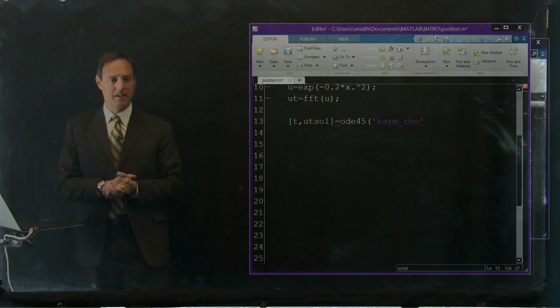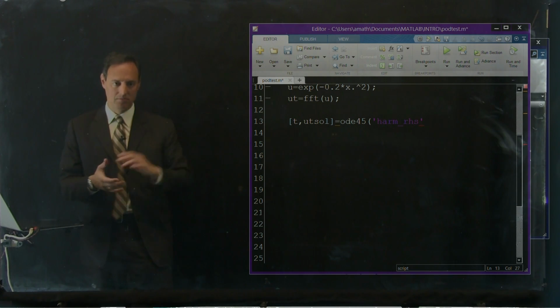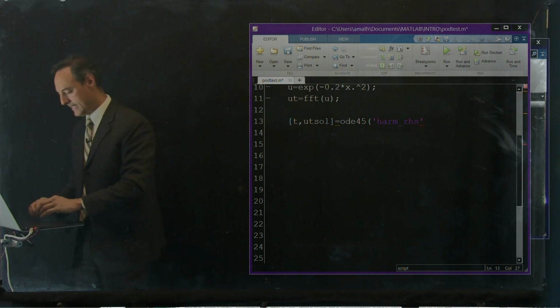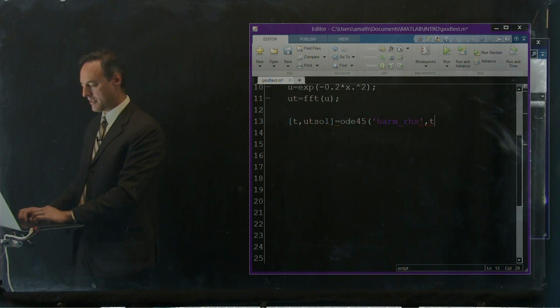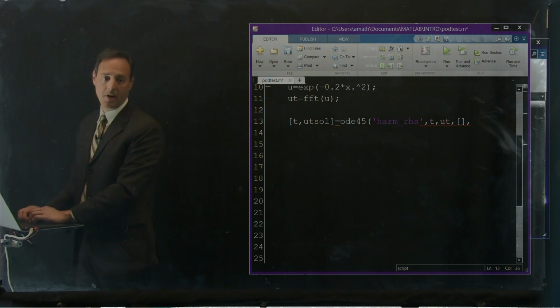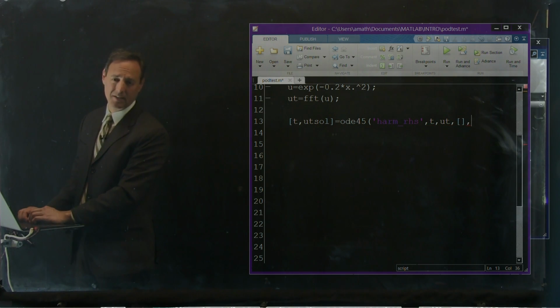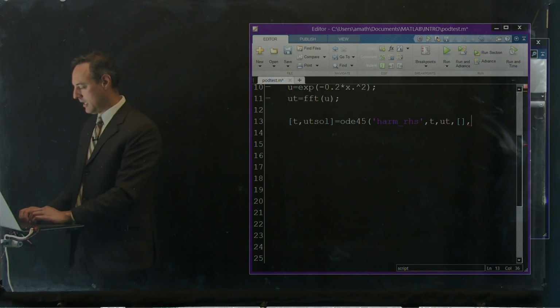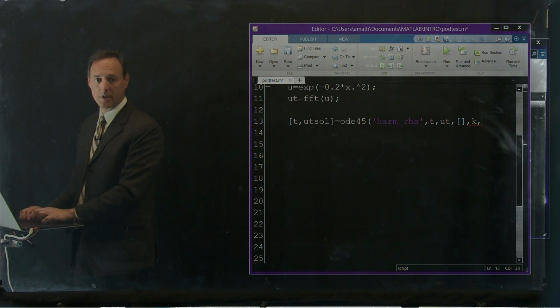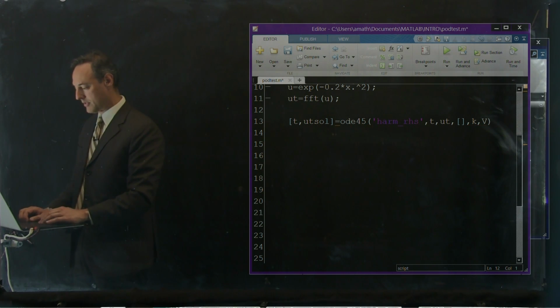That right-hand side is going to have our PDE encoding, so it's fine. We send in the time, the initial conditions. That spot is reserved for sending in things like tolerance settings. And we're also going to send in our wave numbers and our potential V. So with the wave number we've created, we still have to create V.